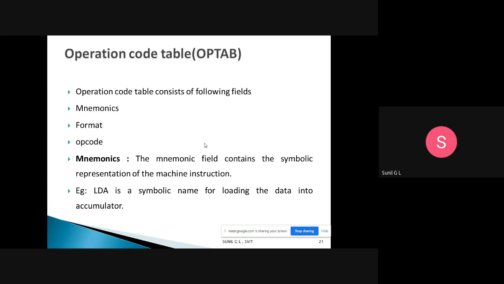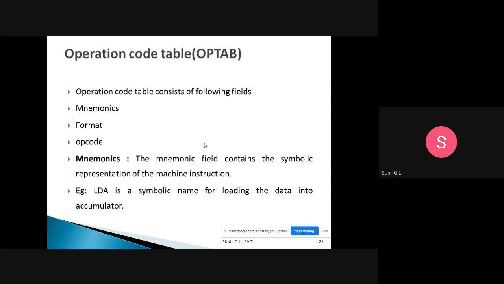What do we mean by mnemonic? A mnemonic field contains the symbolic representation of the machine instruction. Suppose you are loading data from memory to the accumulator; for that we use LDA. Similarly we have STA, store from accumulator, then add, mul, sub. A lot of instructions are there, and for each instruction we need to write machine level code.